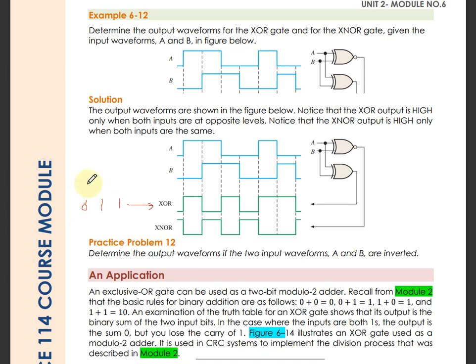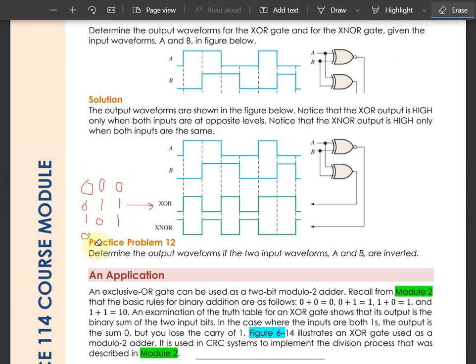If 1 and 0 or 0 and 1, it is high in the XOR. Then if they are the same, it is low. Sorry. So just remember that: the same, 1 1, gives 0.